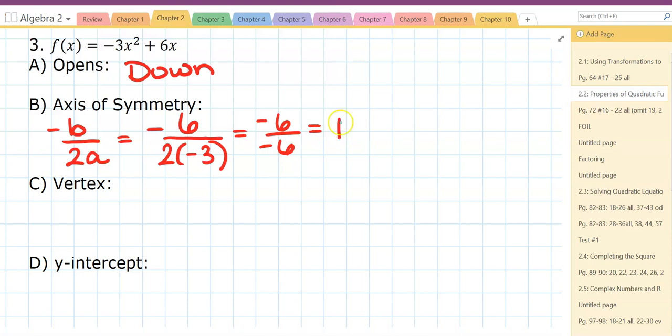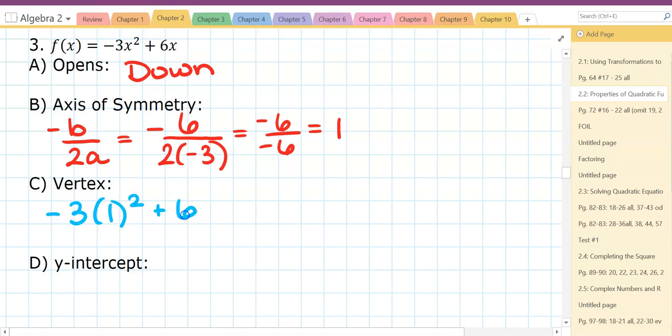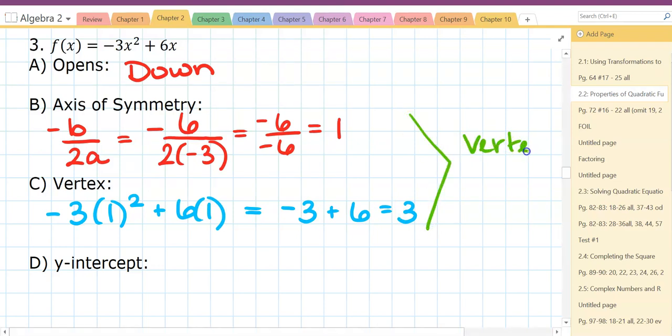So now let's take 1 and plug it into this function up here. We're going to take negative 3 times 1 squared plus 6 times 1. That simplifies to negative 3 plus 6, which is just 3. So writing the vertex with those 2 points, we get 1, 3.